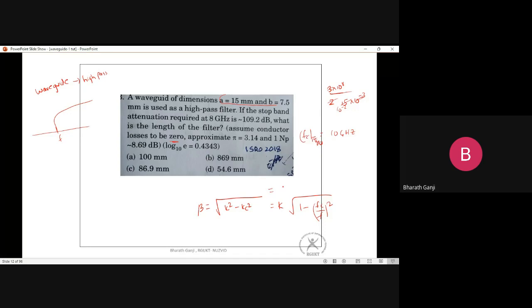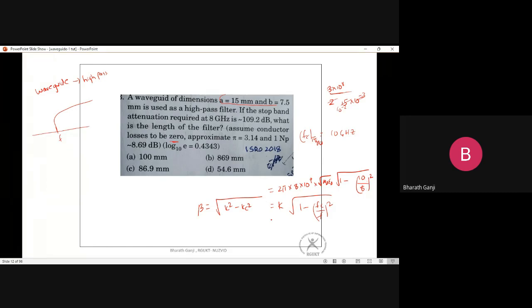So let me put k here: 2 pi, the frequency is 8 gigahertz, 8 into 10 to the power of 9, 2 pi f into square root of mu naught epsilon naught, into square root of 1 minus (fc, that is 10 gigahertz, and the operating frequency is 8 gigahertz). So giga cancels, so you get 10 by 8.